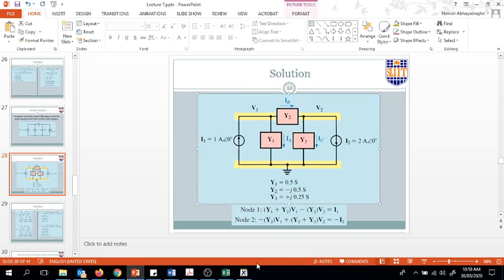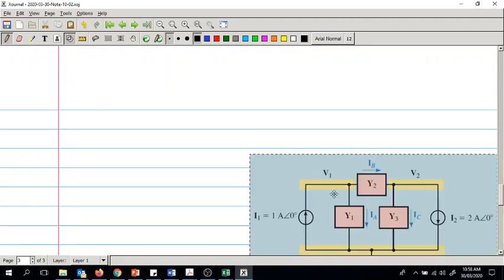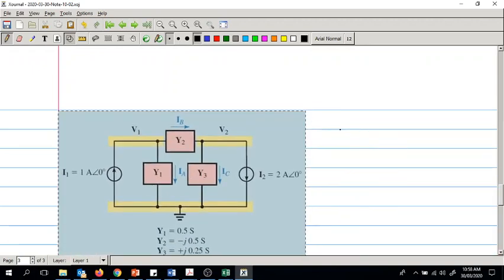The first equation will be: currents coming in is I1, equals currents going out, that is IA plus IB.